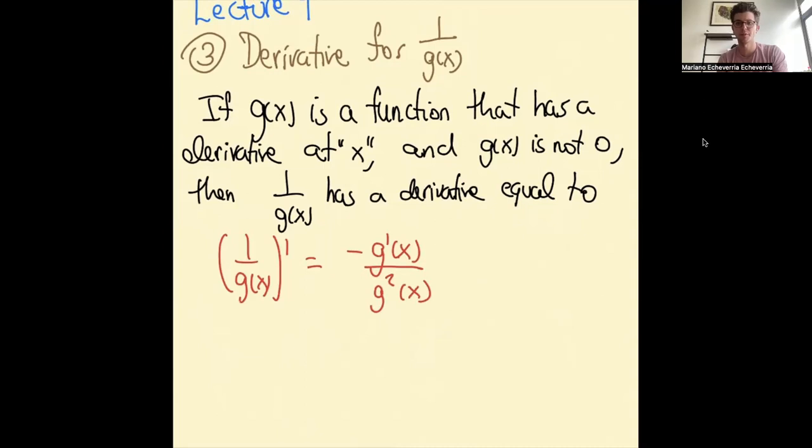If you write it in terms of the prime notation, otherwise, you can use it in terms of this Leibniz notation, in which case you would write it like this. And in this case, it looks a little bit worse.